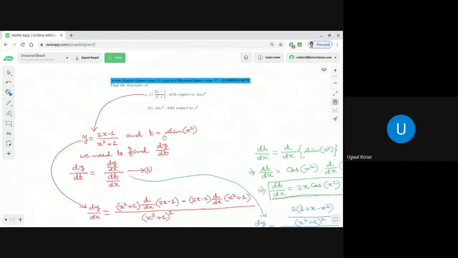What about the next question I gave, to differentiate sine x square with respect to x square? You need to do it and come back to me before tomorrow, because tomorrow we are going to start integral calculus.